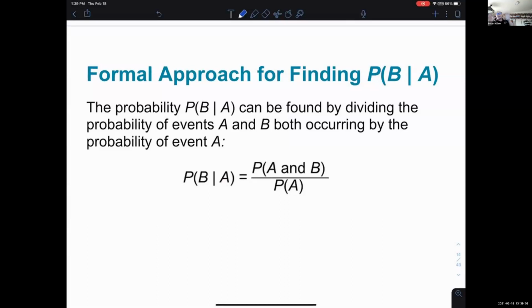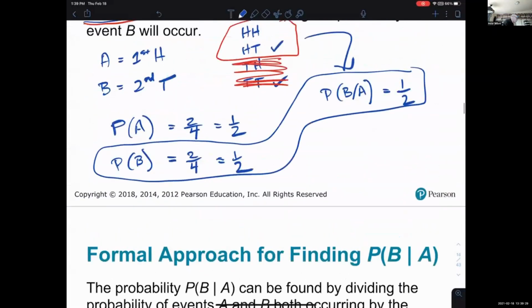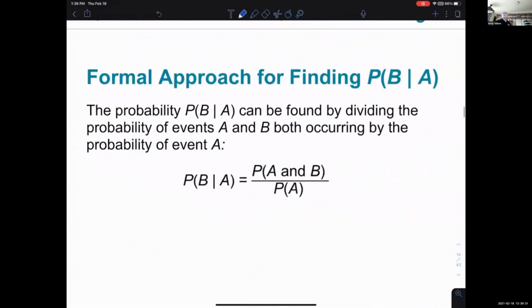So by dividing by the probability of A, remember, we're normally on the bottom dividing by all the different ways that anything could have happened. So by dividing by the probability that A occurs, you're just considering the ways that A could have happened, and then consider the fact that A happened and B also happened. That's the logic here. And you can see that in the math, but in the end, it's a formula. And if you understand the logic of it, the formula will make sense.